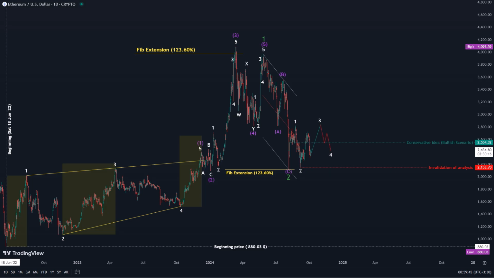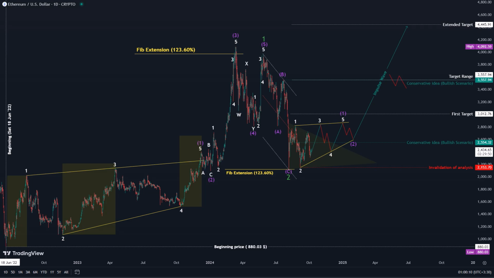We should anticipate price action of either a 1 and 2 and 1 and 2 pattern or a leading diagonal pattern, especially in a bullish scenario. Otherwise, another bear market wave may be in store.